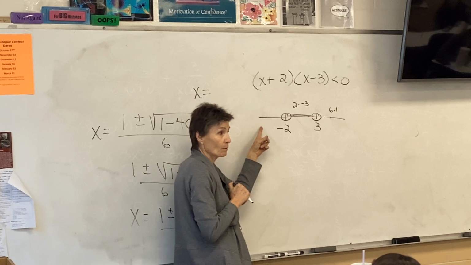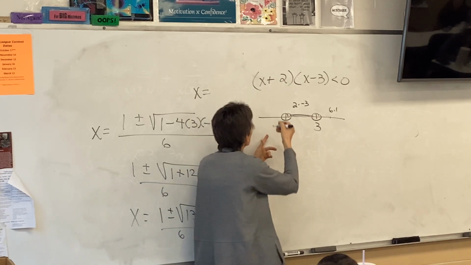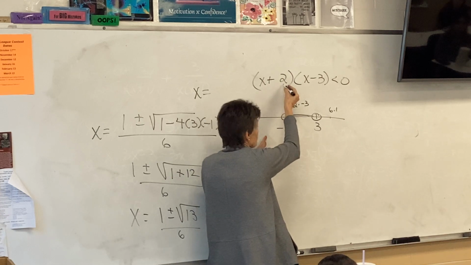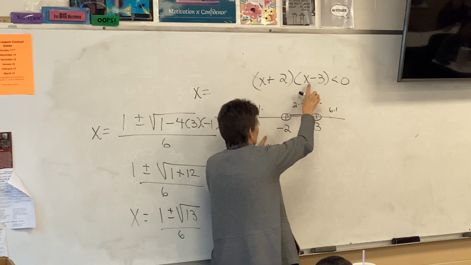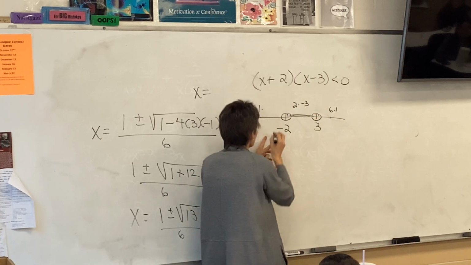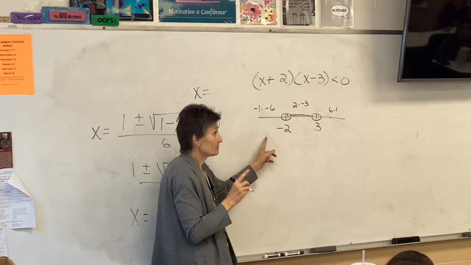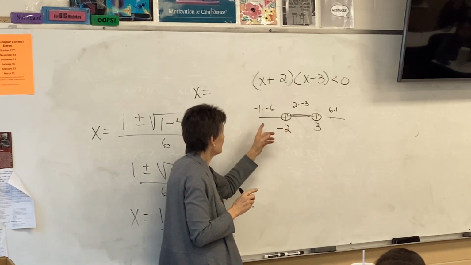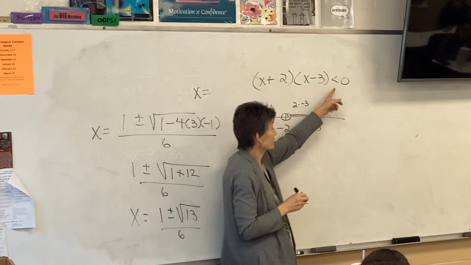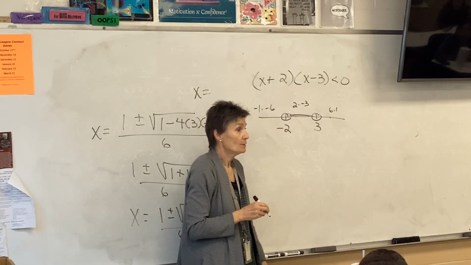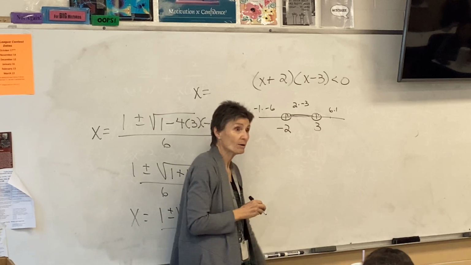And then I pick a number out here, like negative 3. Negative 3 plus 2 is negative 1. Negative 3 minus 3 is negative 6. They're multiplied. These are factors. That gives me a positive 6. Is positive 6 less than 0? No. So the only part of my number line that's shaded is that part.